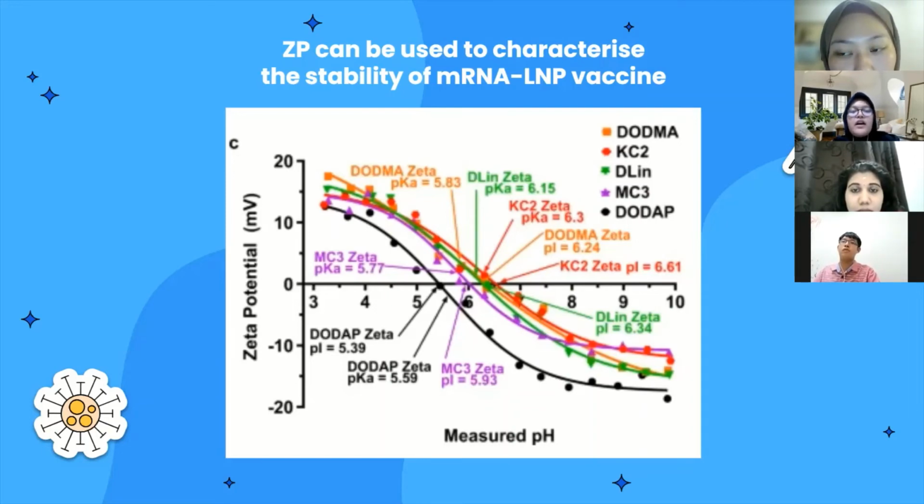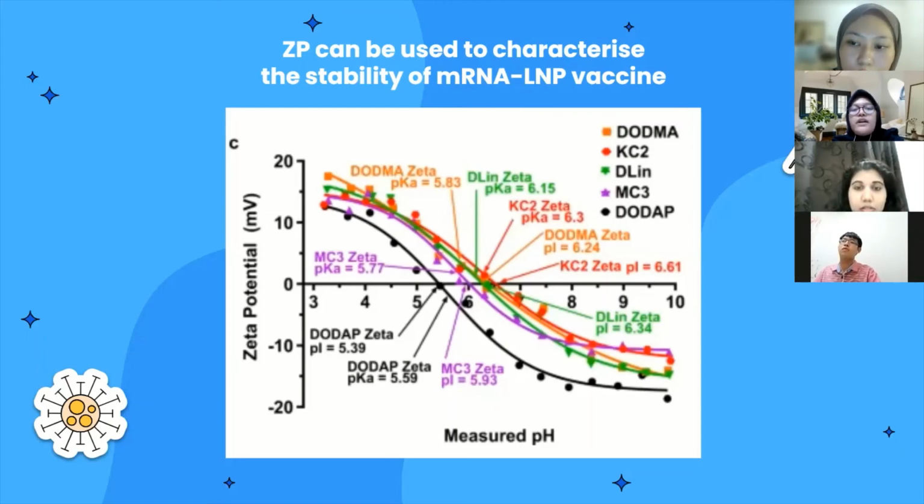So what I want to say is, if we want to make an mRNA LNP vaccine stabilized using zeta potential, then for a highly positive vaccine that is stable, we can use a zeta potential more than positive 10 millivolts.